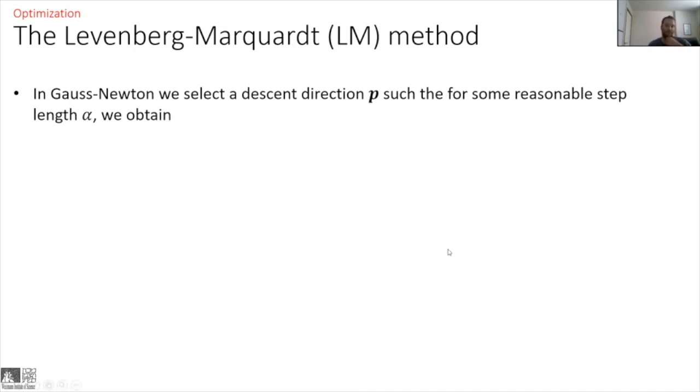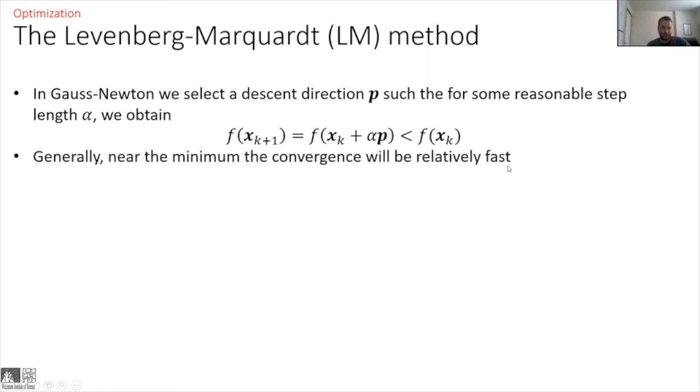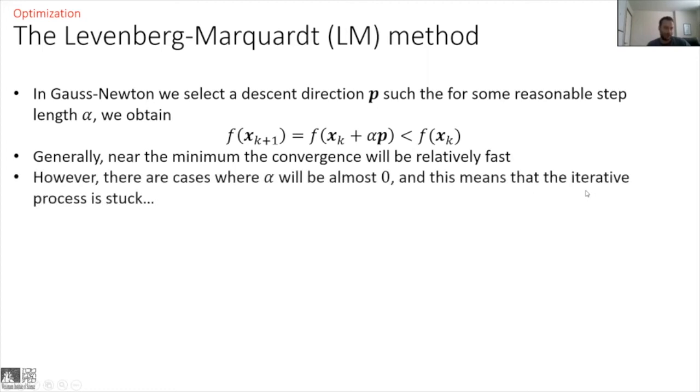The last optimization method that we will discuss is the Levenberg-Marquardt algorithm. In the Gauss-Newton method, we select the scale and the direction such that it leads to a descent direction. Generally, near the minimum, the convergence can be relatively fast.